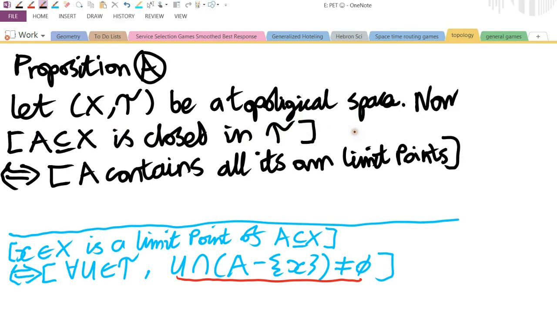This is a really useful result because it gives us a new way to characterize closed sets, in terms of limit points. So a set is closed when it contains all its own limit points.